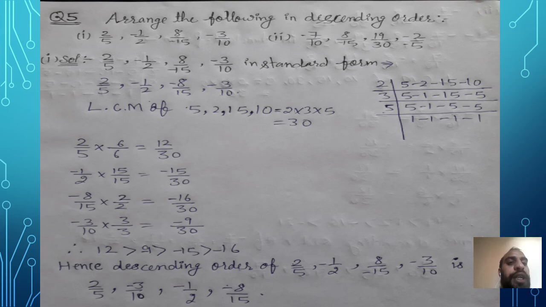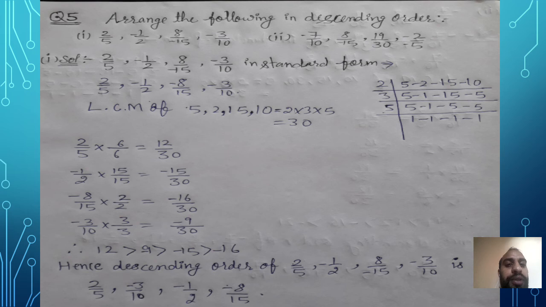Now check once again with the LCM method. 2, 5, 15 and 10 we have. Take the LCM of all these. You will get LCM equal to 30. As I did in the rough area, after calculating the LCM, your task is to convert all the denominators to 30. First number we have 2 upon 5. Multiply this by 6 and 6: 5 6s are 30, 2 6s are 12.